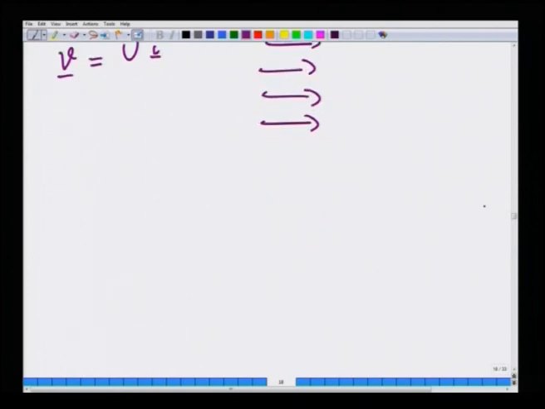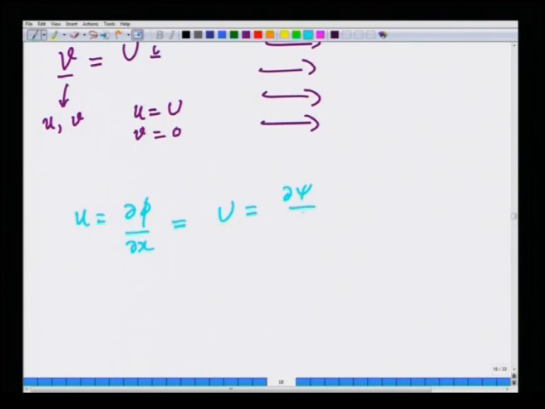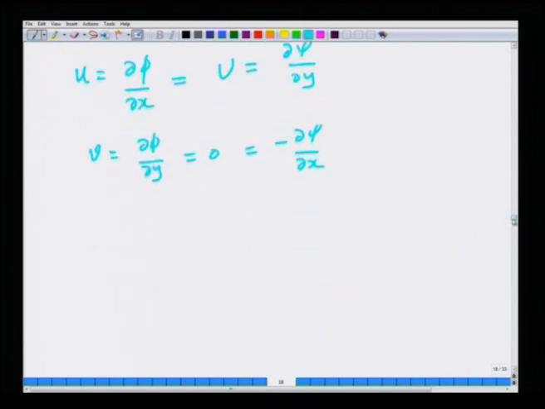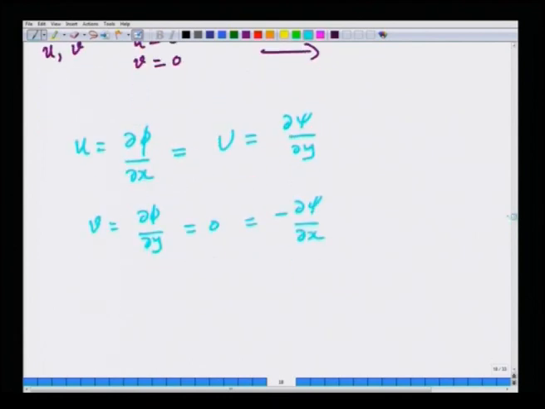Okay. Now, the velocity vector has two components u and v. u is capital U while v is 0. Okay. Therefore, you can write u is partial phi by partial x is equal to U, that is also equal to partial psi by partial y. v is partial phi by partial y, which is 0, is minus partial psi by partial x. Okay. So, we can integrate these two equations partially with respect to x and y.